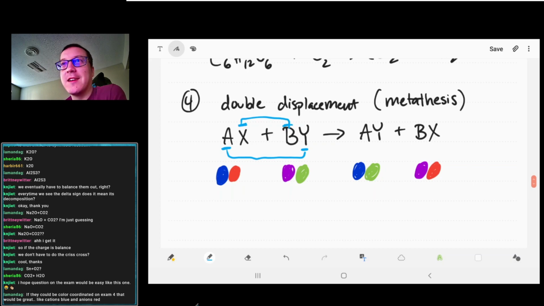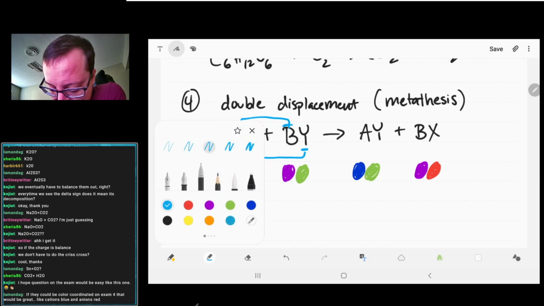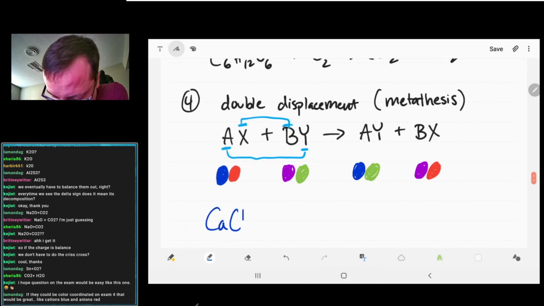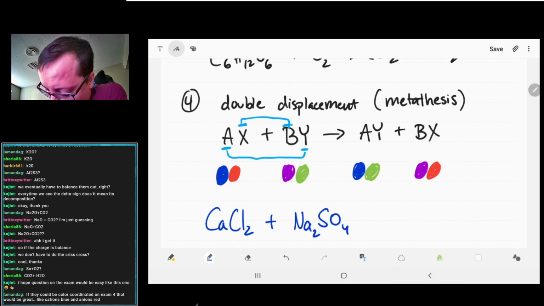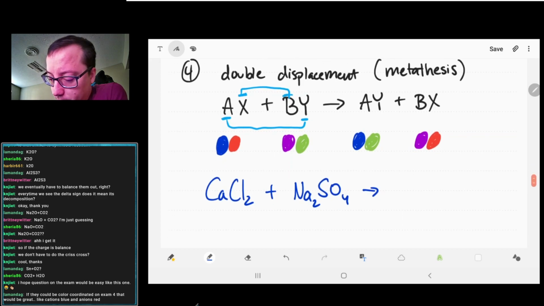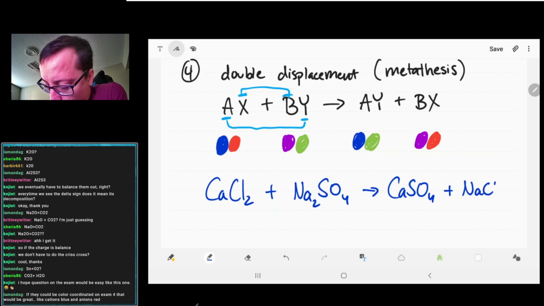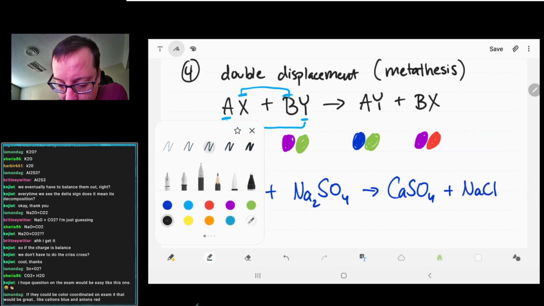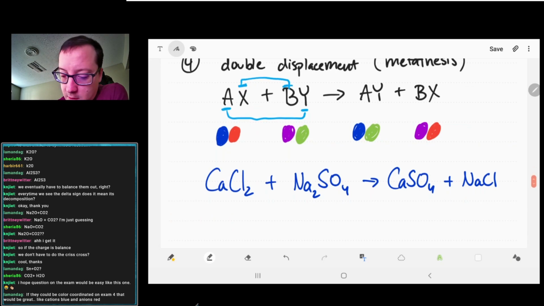So let's see what this kind of looks like. Yeah, right? That would be very nice for us, wouldn't it? Alrighty, so looking at this, we're going to want to look at our cation from one of them and the anion from the other one. And we're going to put those together.